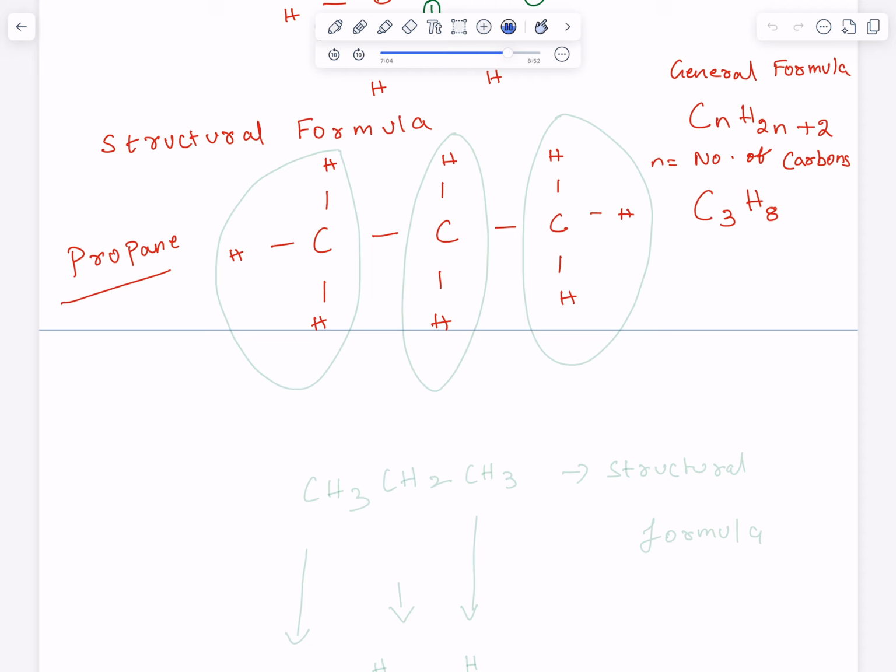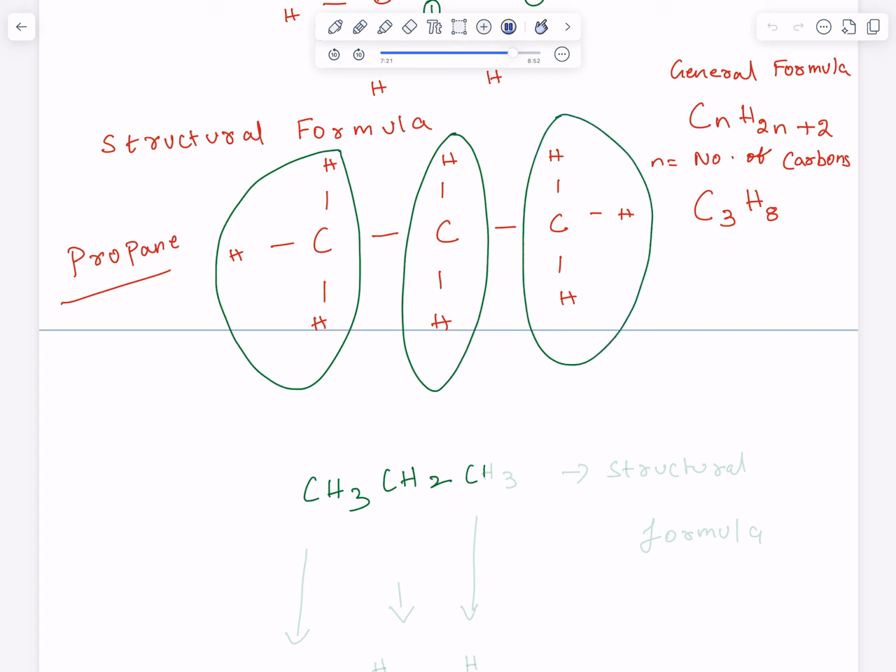Pay attention here. I have drawn a circle around the first one, which is CH3. Then I'm drawing a circle around the next bit, which is CH2, and then again around CH3. Can you see here? If you look at the screen, I now only have CH3, CH2, CH3, which is the structural formula for propane.